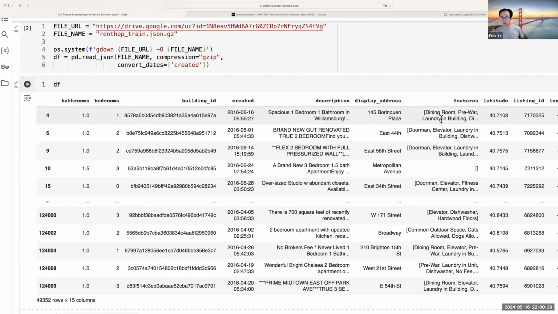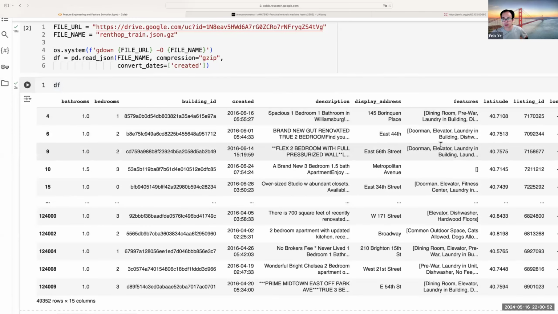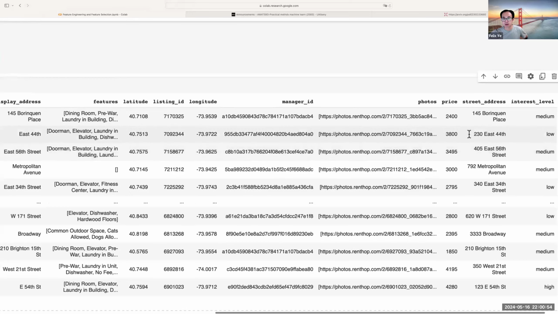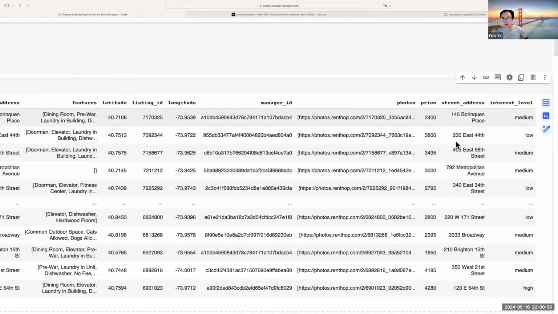Possibly you can use natural language processing to help us classify whether it's popular or not. There are a lot of interesting things as features.